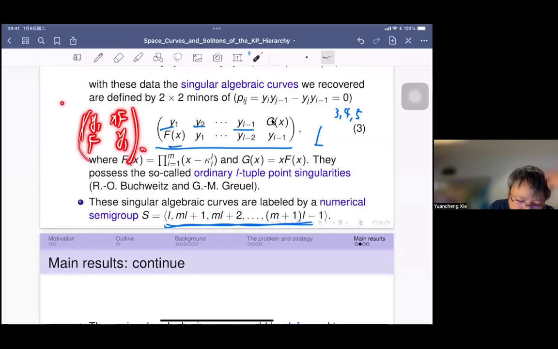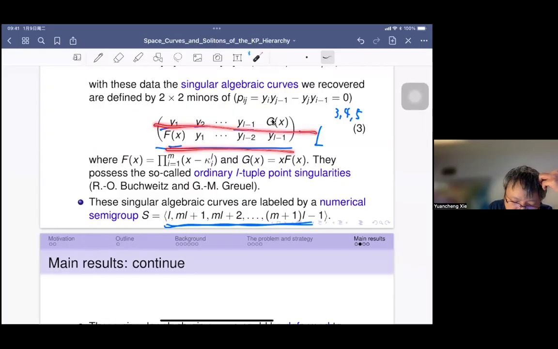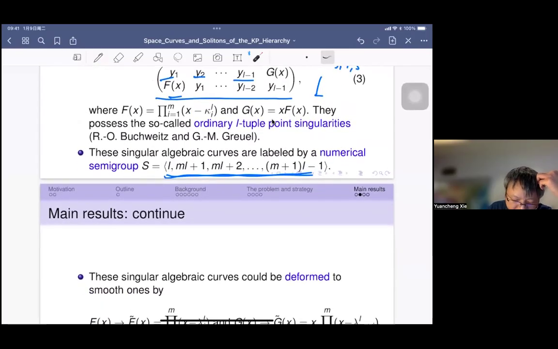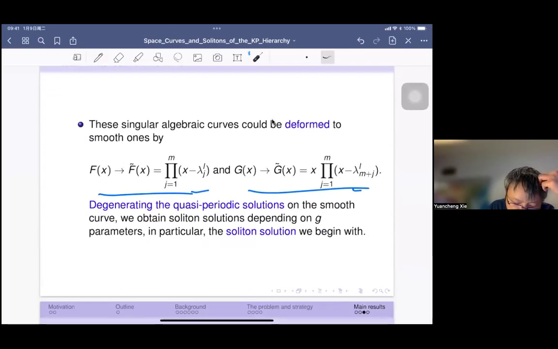Then if we expand it, the singular curve is still g of x equals x times f of x. And now you want to make it smooth. You just need to make the roots of f different from the other roots of g. So if none of them are the same, then it's smooth.